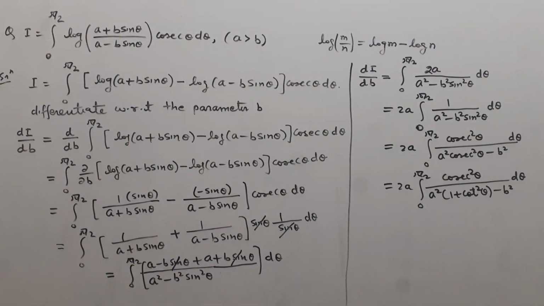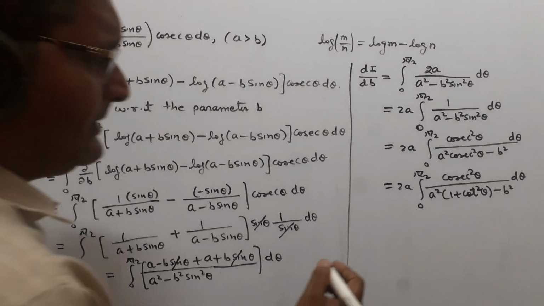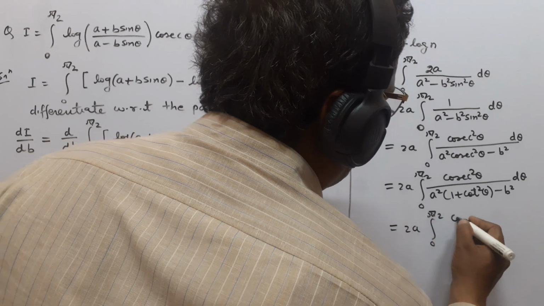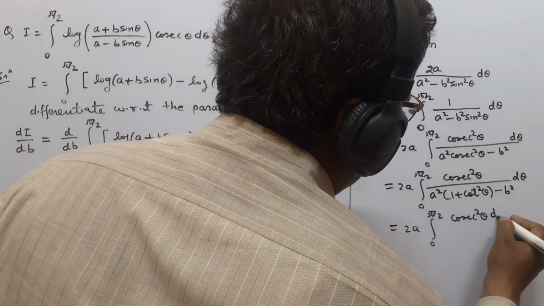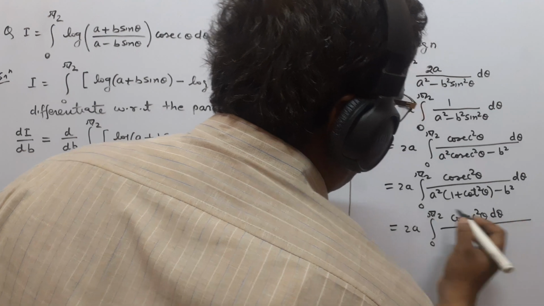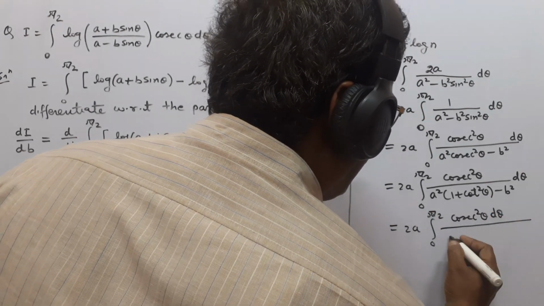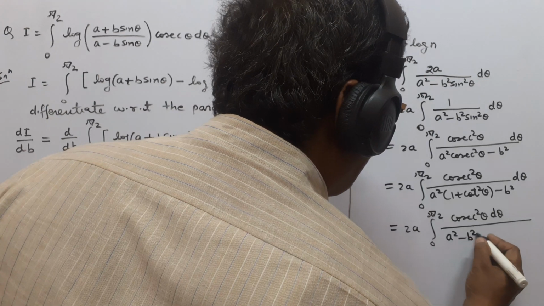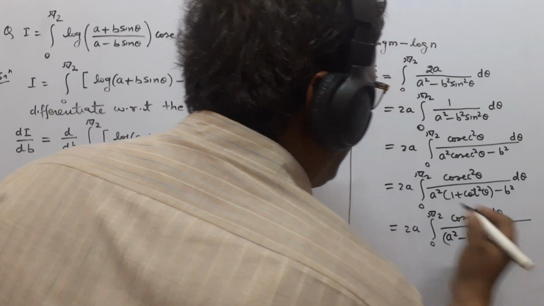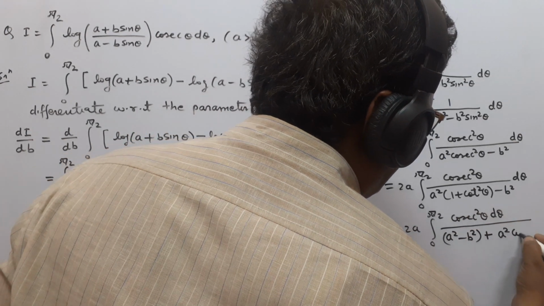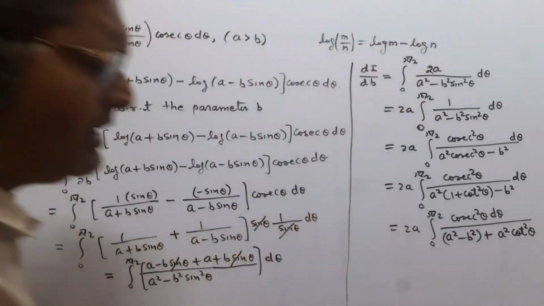Now we multiply this a square by 1 and cot square theta, so this can be written as cosec square theta d theta divided by a square multiplied by 1 and this minus b square, so this can be written as a square minus b square, and here this a square multiplied by cot square theta, so we write a square cot square theta here.